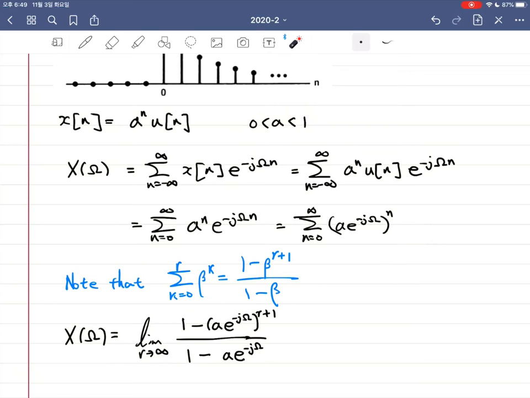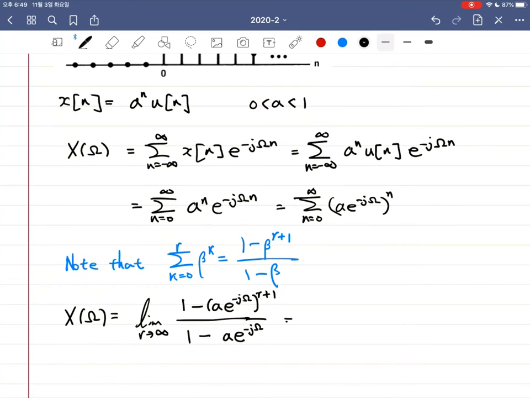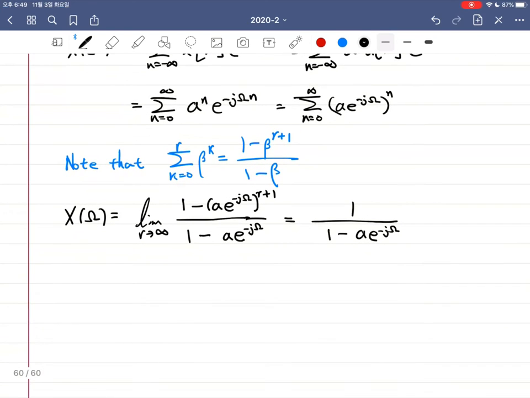So if r goes to infinity, because of this value, this will go to 0. Okay, so now we can simplify the function for this example.